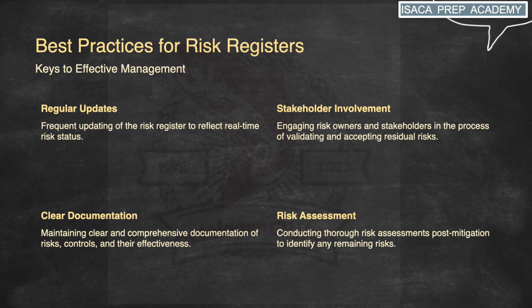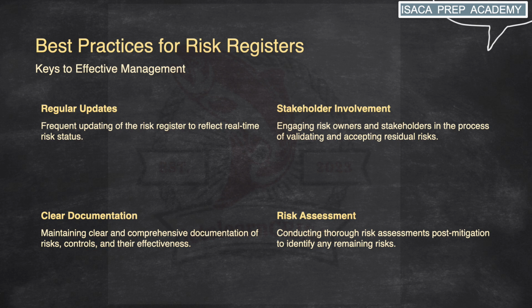After implementing processes and control measures to mitigate identified risks, it is essential to reassess the risk landscape to determine whether any residual risk remains and to evaluate their potential impact on the organization.